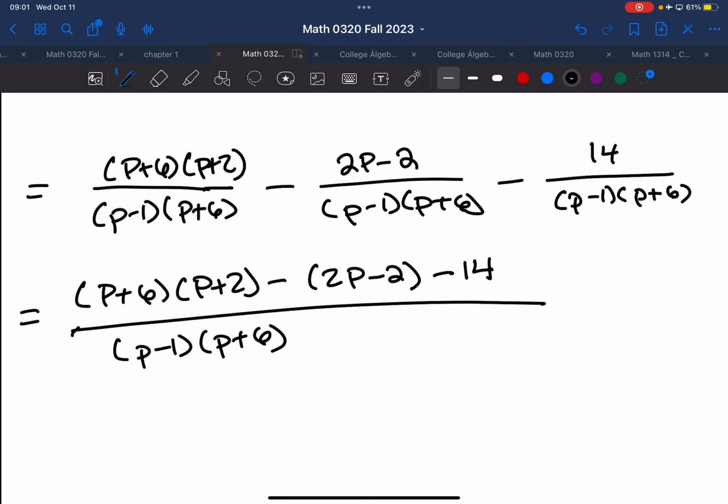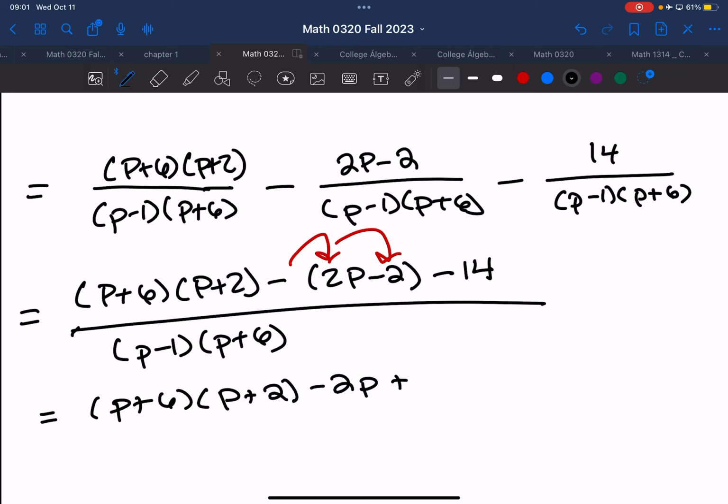Is there anything I can combine on the top as my like terms? Good, I can combine. First distribute that negative in, that's going to change my signs, and then I'll be able to combine that 2 and that negative 14. So I'm leaving that p plus 6, p plus 2. This becomes minus 2p plus 2 minus 14.